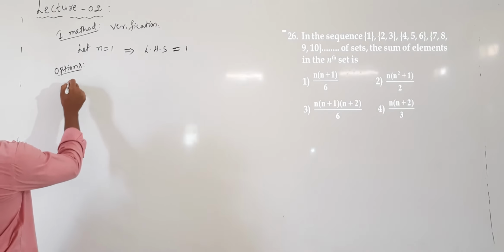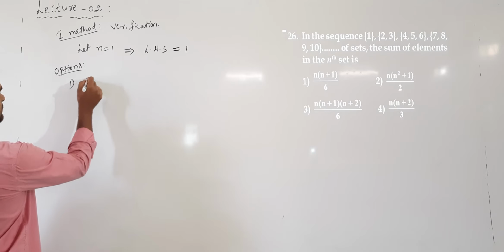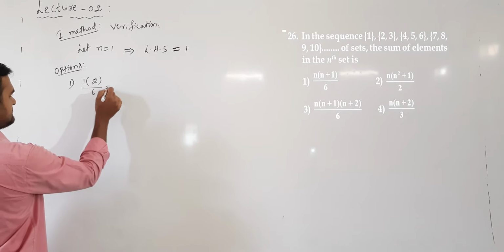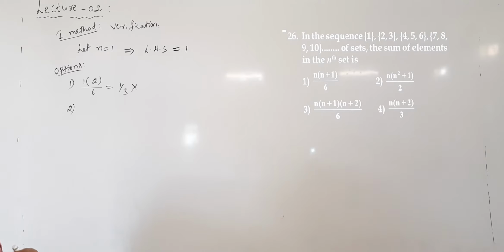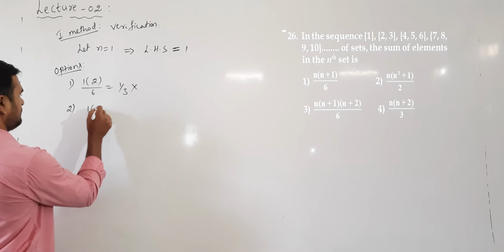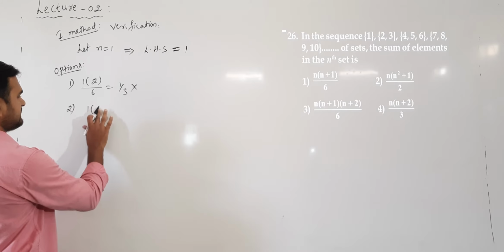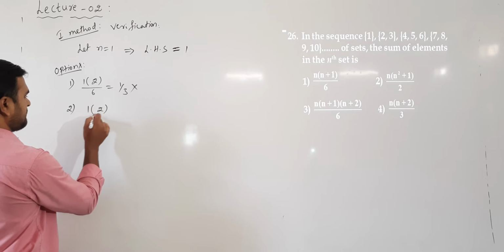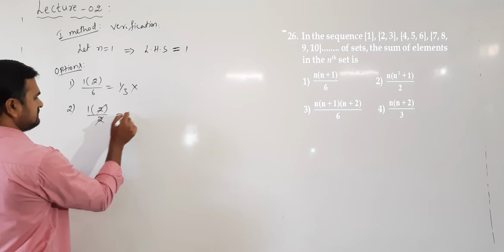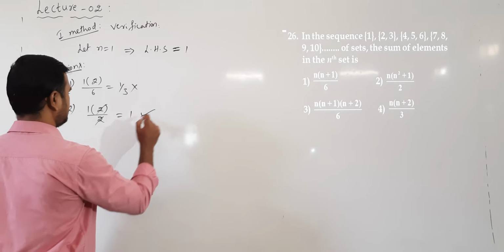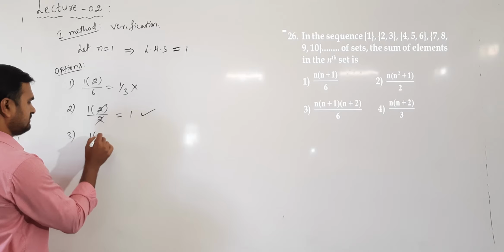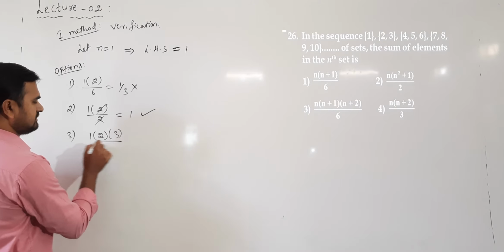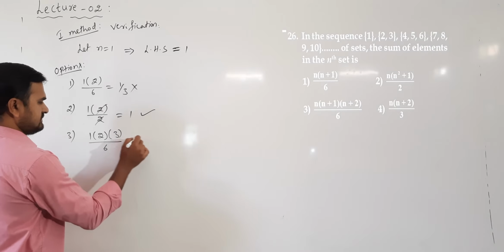Let us take n equal to 1 in the first option. 1 into 2 divided by 6, that is 1 by 3. Second option, n is 1: 1 into 1 squared plus 1, that is 2, divided by 2. So the second option may be correct. Third option, n is 1: 1 into 2 into 3 divided by 6, which is 1.